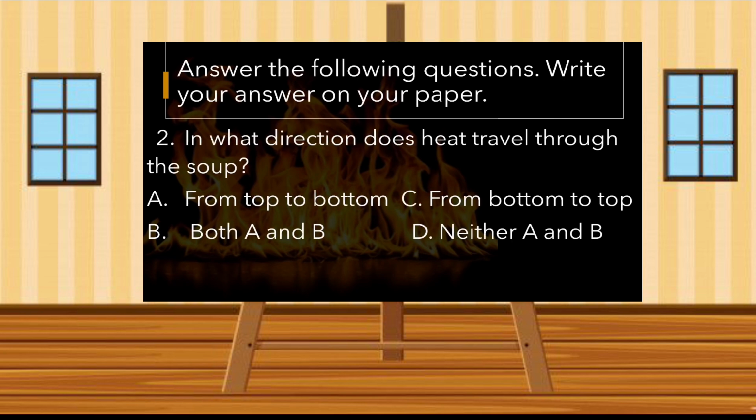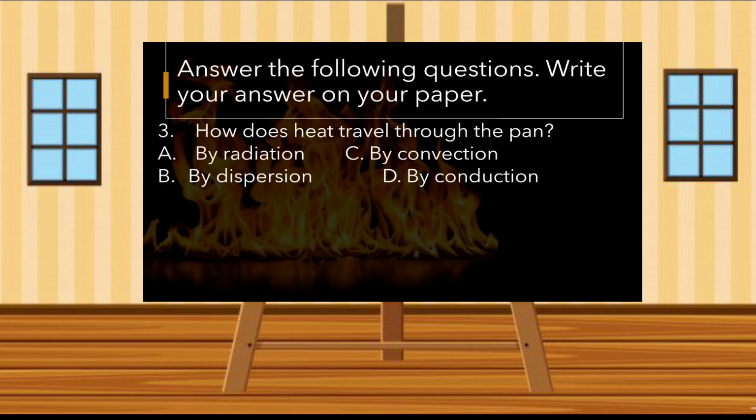Next, number 2. In what direction does heat travel through the soup? A. From top to bottom. B. Both A and B. C. From bottom to top. And D. Neither A and B. Next, number 3. How does heat travel through the pan? A. By radiation.